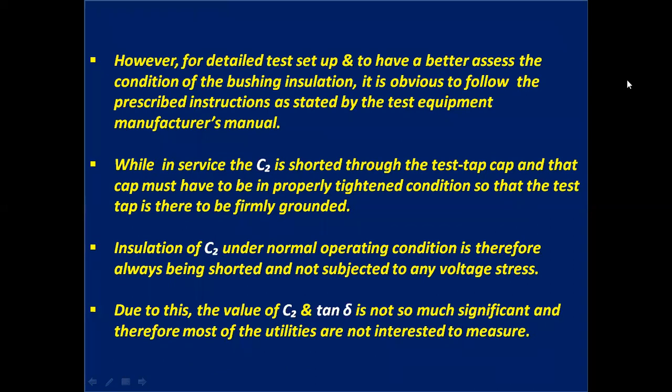While in service, the C2 is shorted through the test tap cap, and that cap must be properly tightened so that the test tap is firmly grounded. Insulation of C2 under normal operating condition is therefore always shorted and not subjected to any voltage stress.